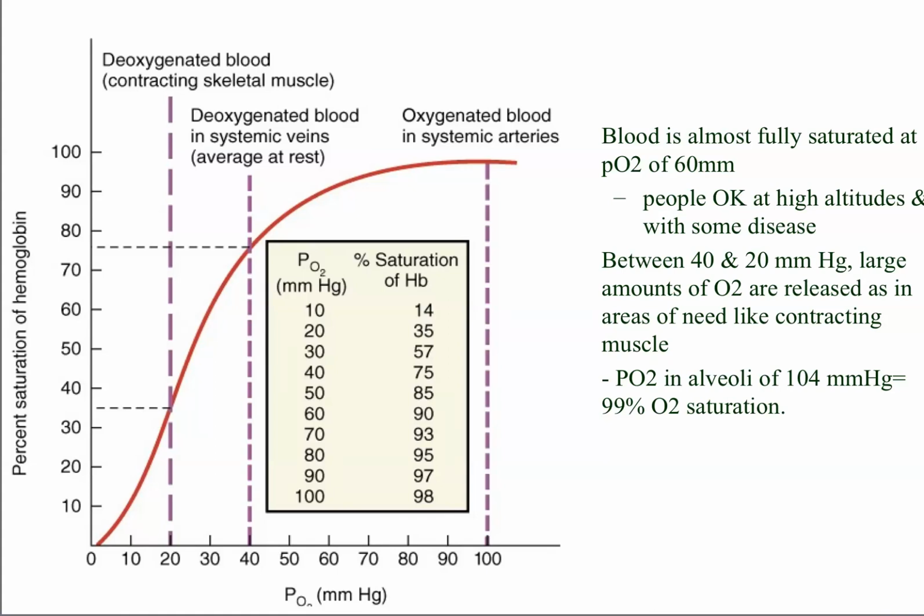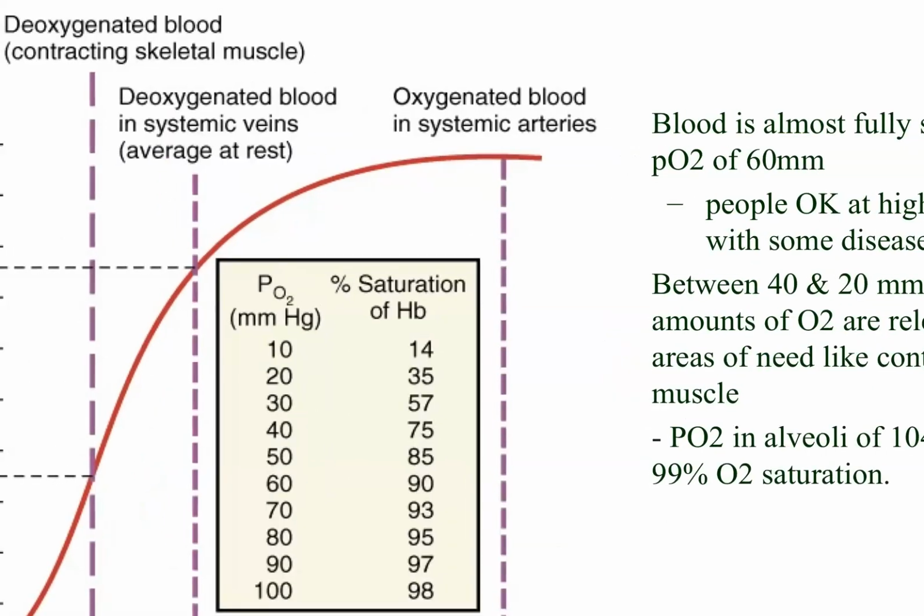That means of the hemoglobin we're carrying, 98 to 99% will have oxygen bound to it. Where do we see this? In the lungs. That's the only place where we'll see that high a concentration of oxygen, in the red blood cells coming from the lungs going to your systemic arteries. Perfect.